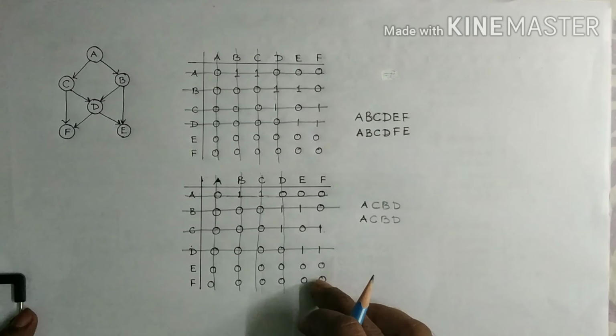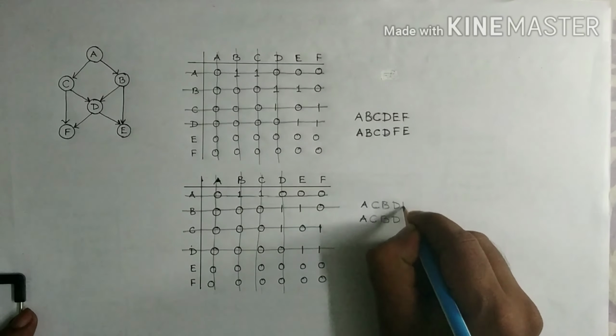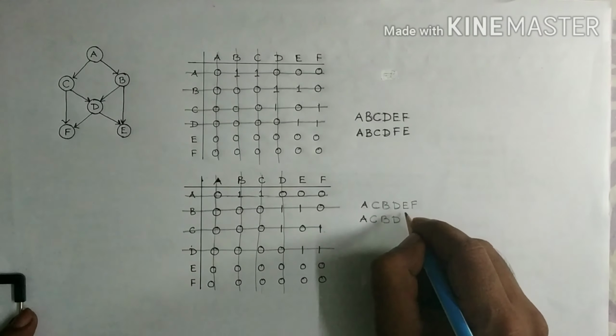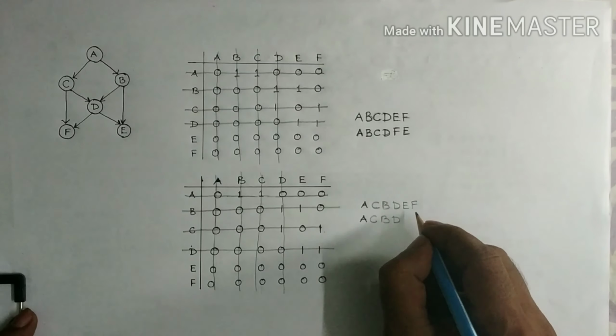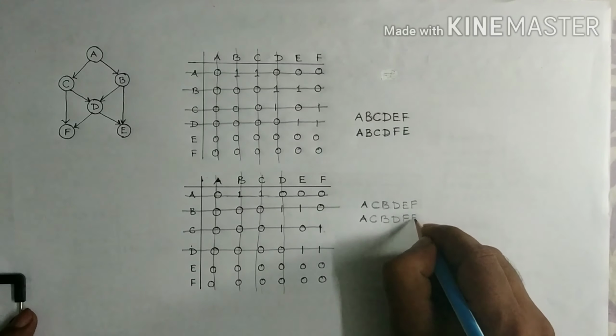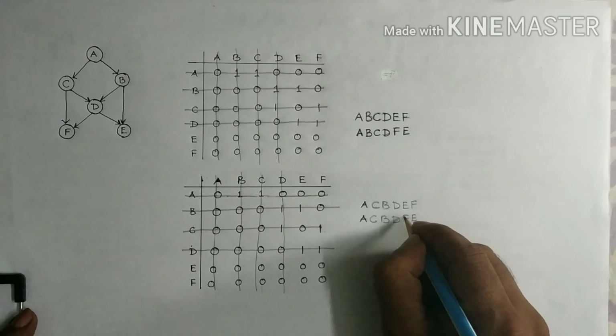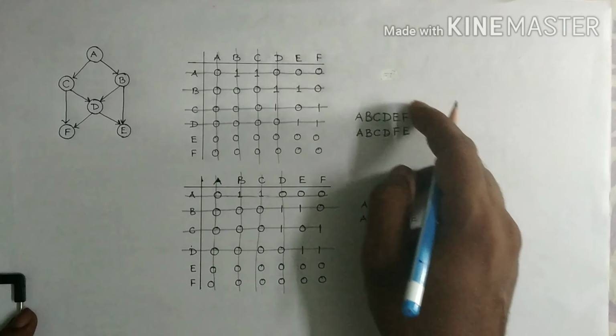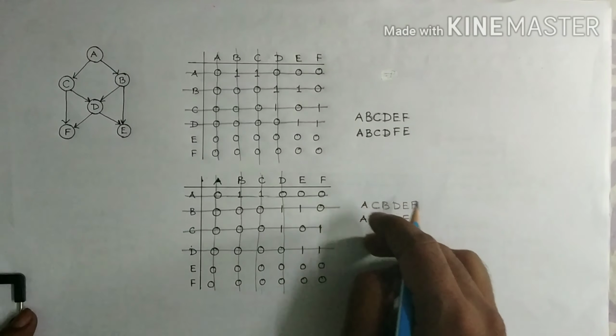You can choose either E first or F first. So if you take E first, then the solution becomes A, C, B, D, E, F, and if you choose F first, then the solution becomes A, C, B, D, F, E. So finally you got the same 4 solutions.